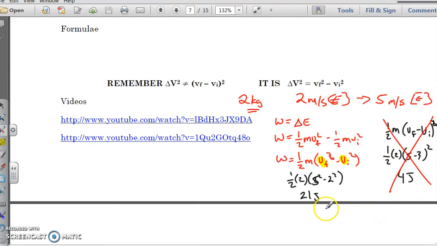Don't do it this way. You do want to do it this way. Just remember that we're taking the final velocity squared and subtracting the initial velocity squared, which gets you that change in velocity squared that you might be tempted to look at. Okay, hopefully that is making sense.